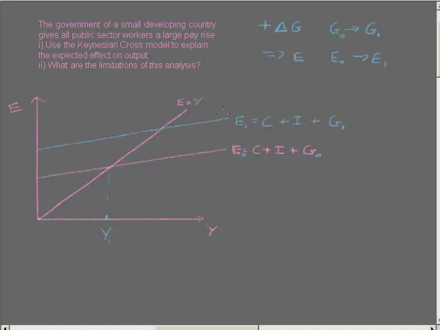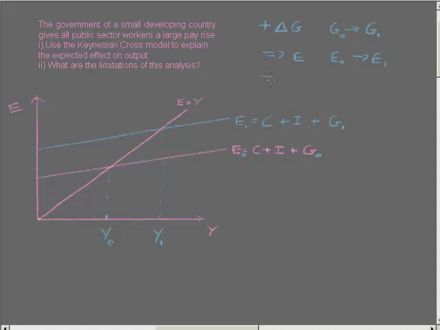We shift up to this level of expenditure, and we move up to this level of income, because expenditure has gone up and expenditure and income must be the same. So the new equilibrium would be here, with the level of output going up to Y2. Let's change that from Y0 to Y1 to be consistent with everything else.